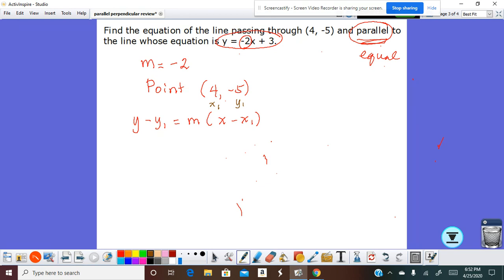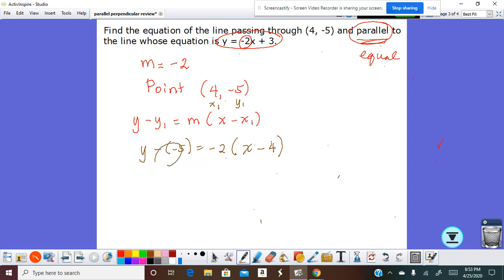So all we need to do now is plug these numbers into the point-slope form. So we get y - y1, y1 is -5, equals m, which is -2, multiplied by x - x1, which is 4.